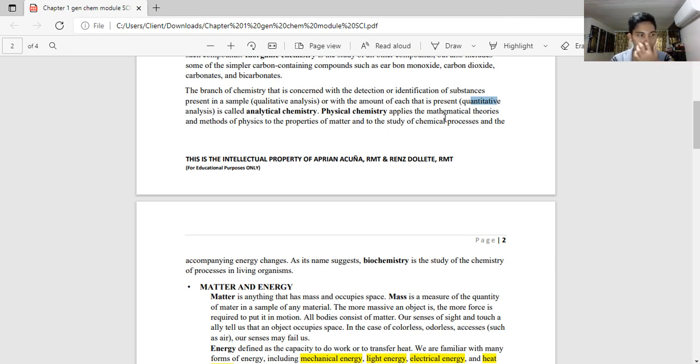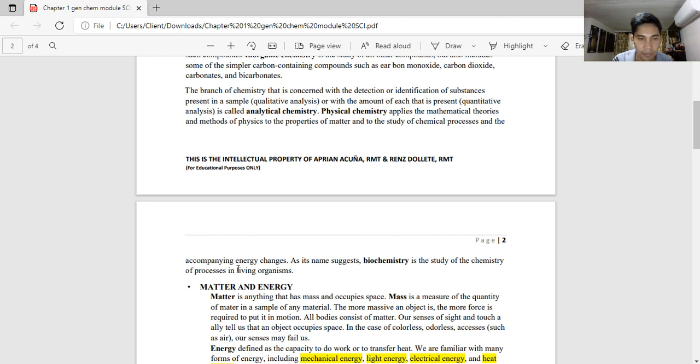Okay, then the theory nga gina-propose nila, okay, kung tuod gid man wala ang changes nga matabo because of that certain method. Okay? As its name suggests, okay, sa aton nga physical chemistry. Okay? Your biochemistry is the study of the chemistry of processing in the living organism.